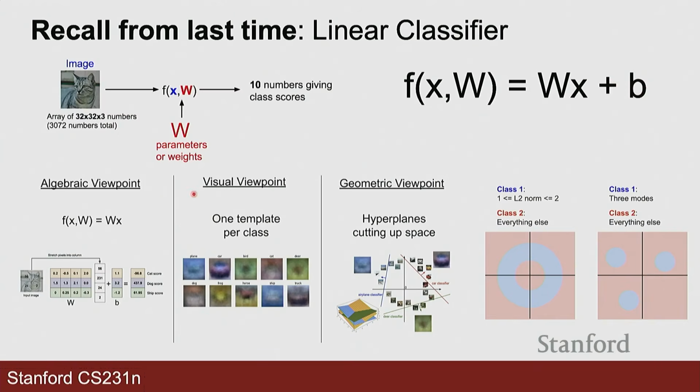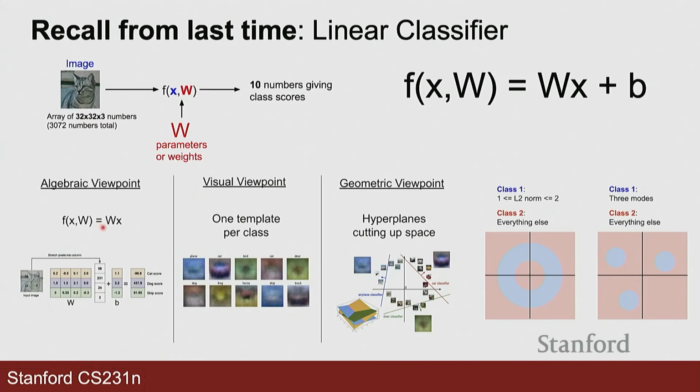And we also talked about 3 different ways you can view or think about these linear models. One is the algebraic viewpoint, which I described here, where each row independently represents a class, and you multiply it by the input vector X to get your score, and you add the bias to get your final score. You do each row independently in this sense.